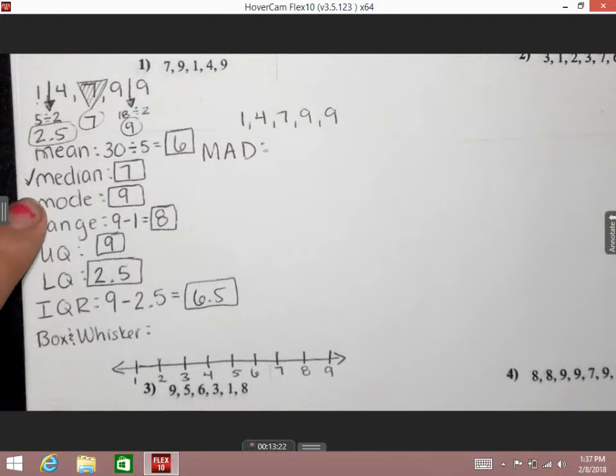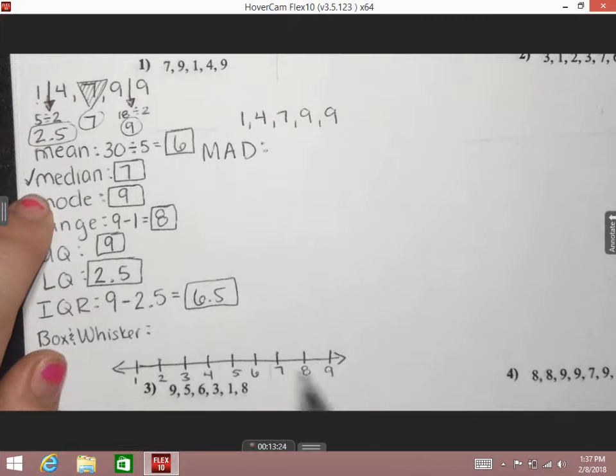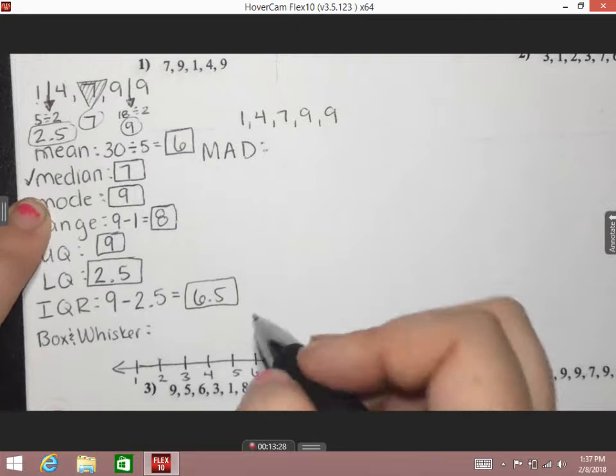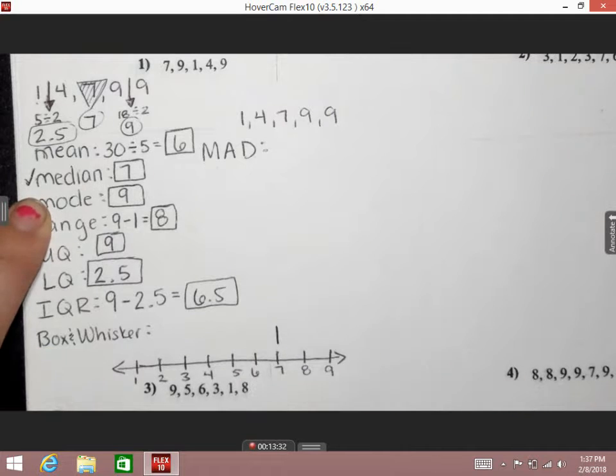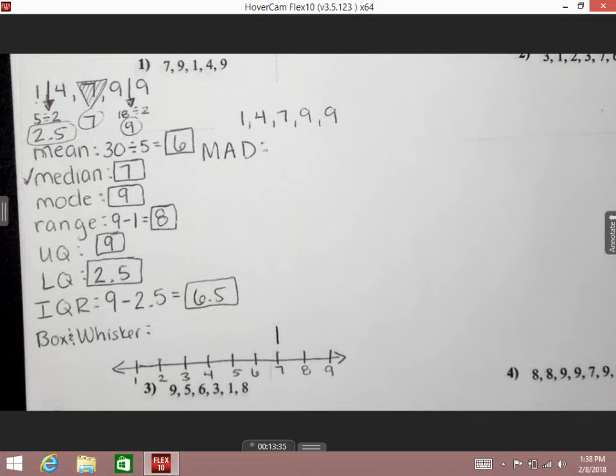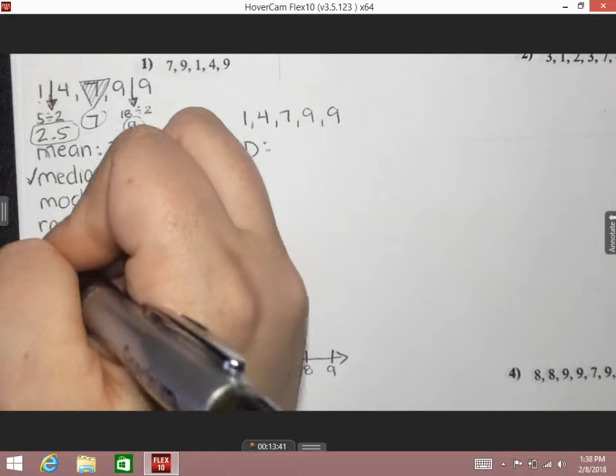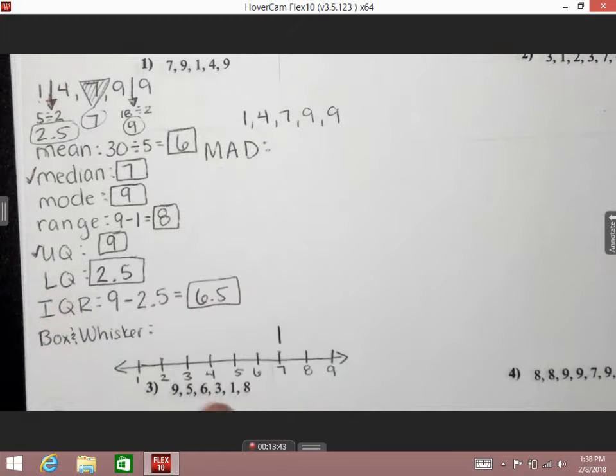So when I put the median on my number line, do I need a dot or a line? A line, because my median is part of my box. Okay, so there's the line. All right, so we got the median. What else do I need on my box and whisker? Noah? The upper quartile. So I'm going to put a check mark there. Upper quartile, dot or line? A line.